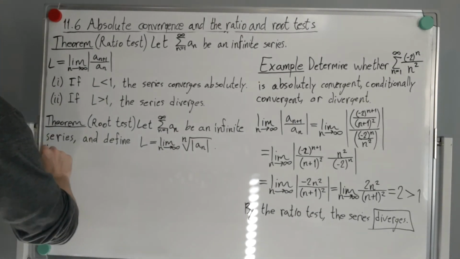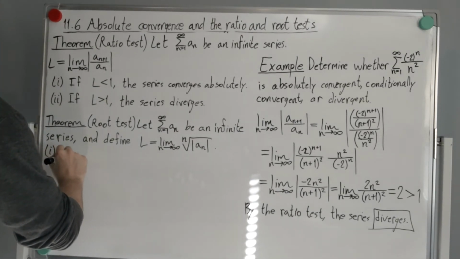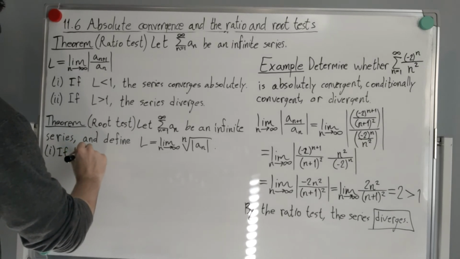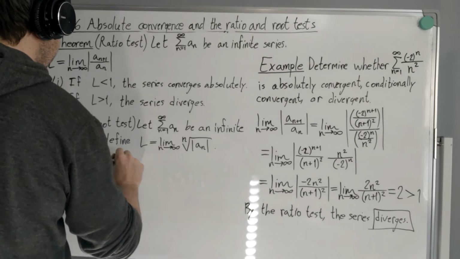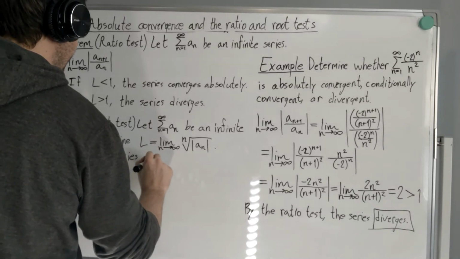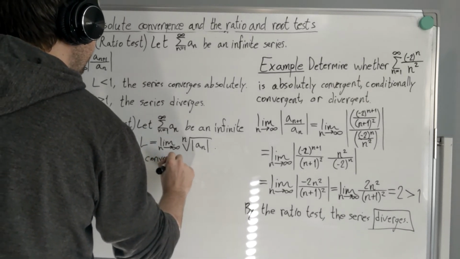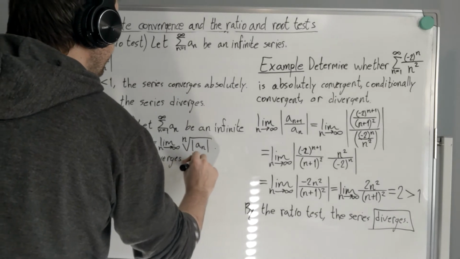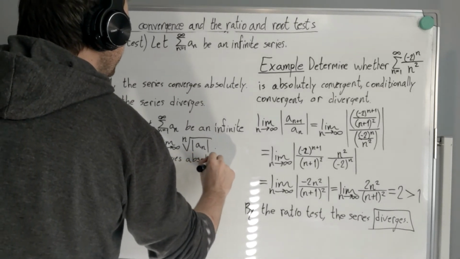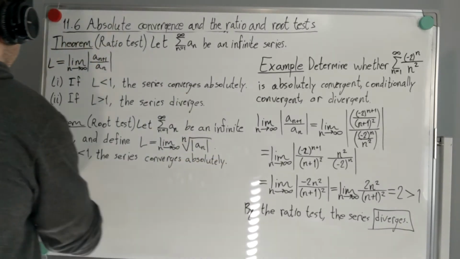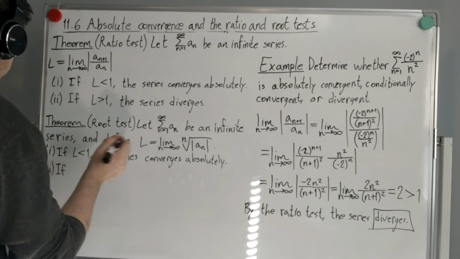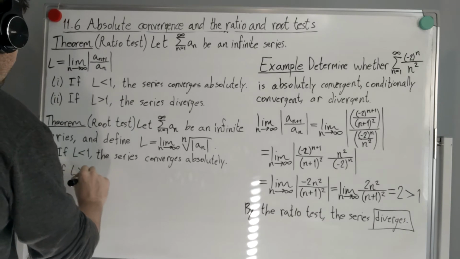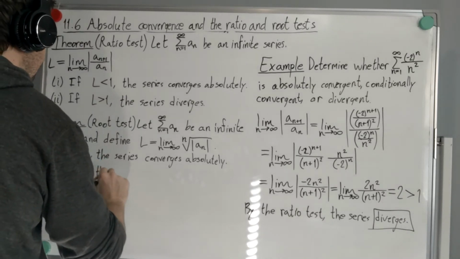It just says if this limit is less than 1, the series converges absolutely. And if this limit is greater than 1, or infinity, it diverges.